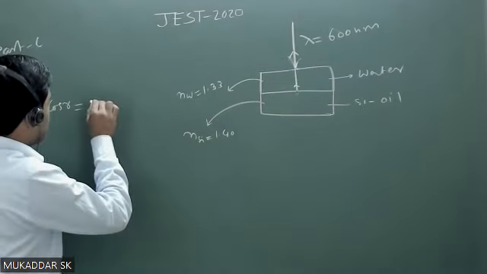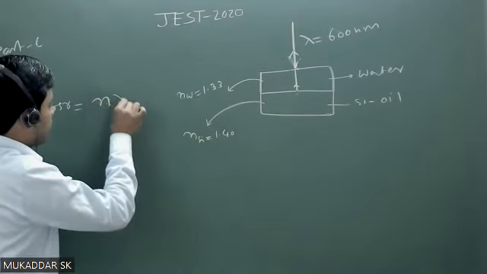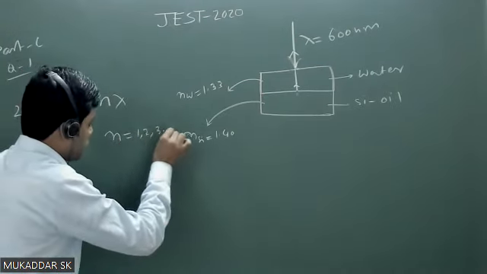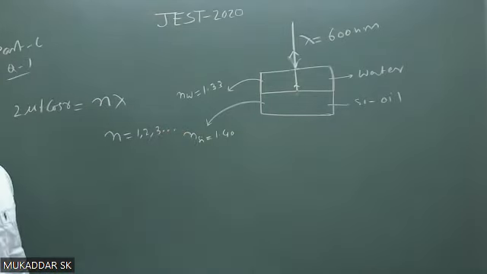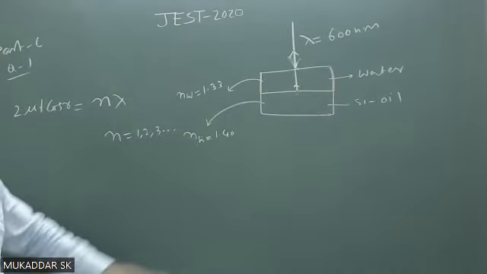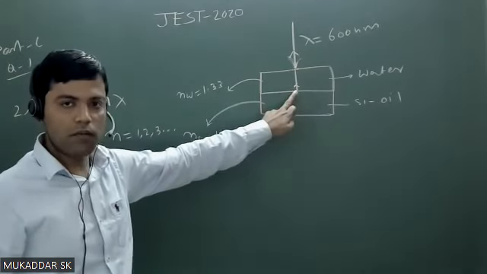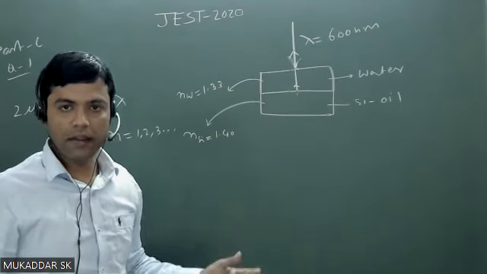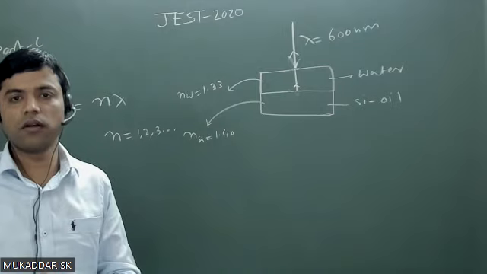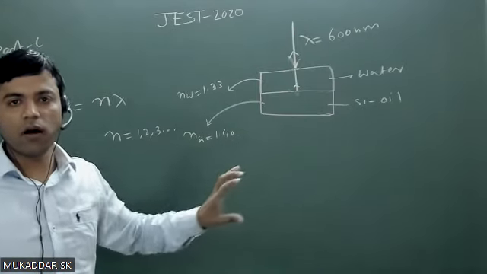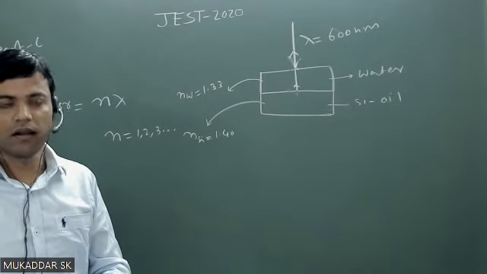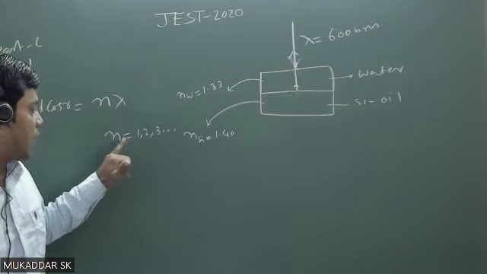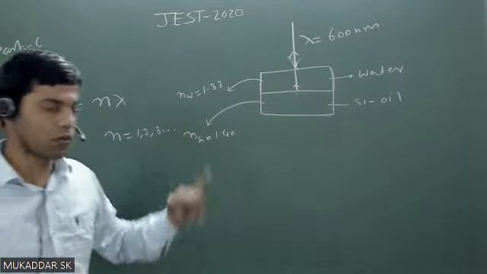Here the condition will be n lambda, where n can take values 1, 2, 3 and so on. You have to use this concept because both reflections happen from a denser medium, so both create an extra lambda by 2 that cancels when we check the path difference between the two reflected rays. So we simply get the condition twice mu t cosine r equals n lambda, with n taking values 1, 2, 3 and so on.